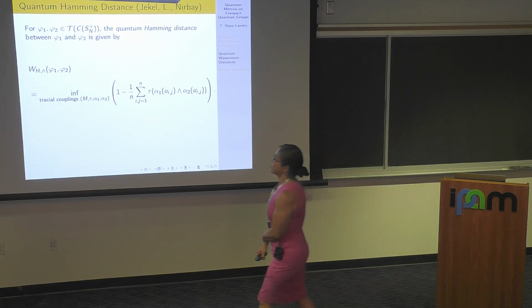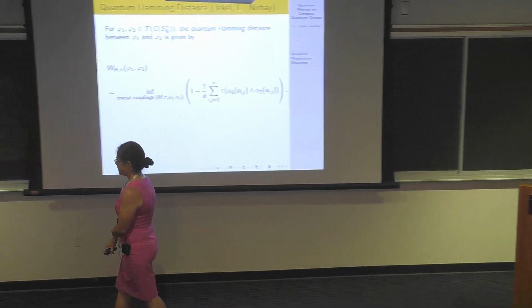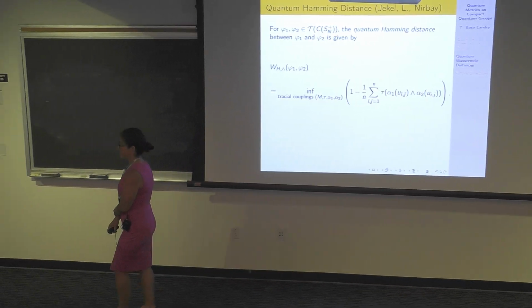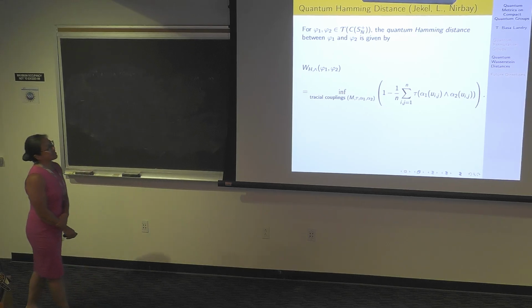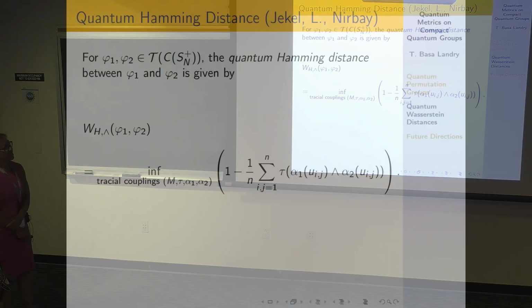So here's one of our quantum metrics on the quantum permutation group. This one's the quantum Hamming distance.